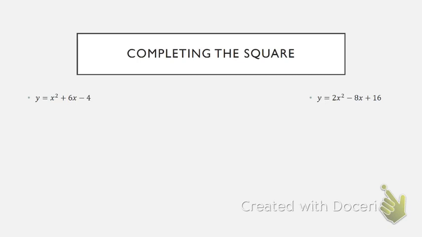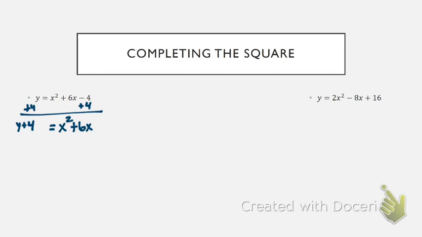Okay, so my first step to completing the square: is my A value 1? Yes, so check. Then I move C to the other side. So we have y plus 4, I'm going to leave some space, and then x squared plus 6x.